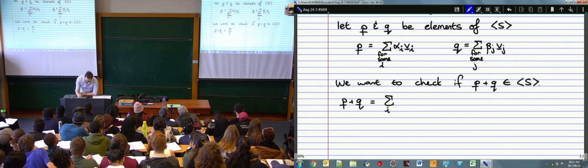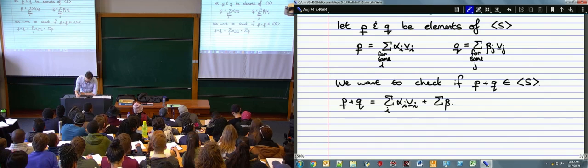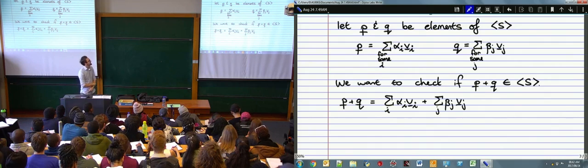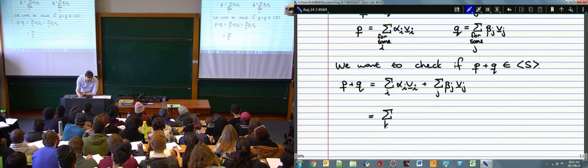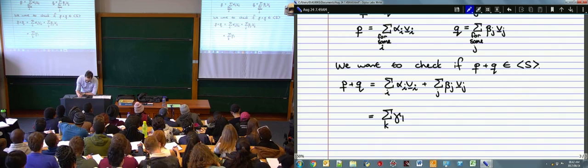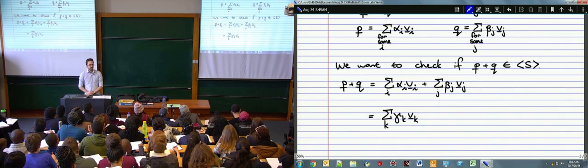Let's say we sum over some i's, alpha i, vi, plus the sum over j's, like that. And we can rewrite this in the following way: as a sum over k's with new coefficients, gamma k.